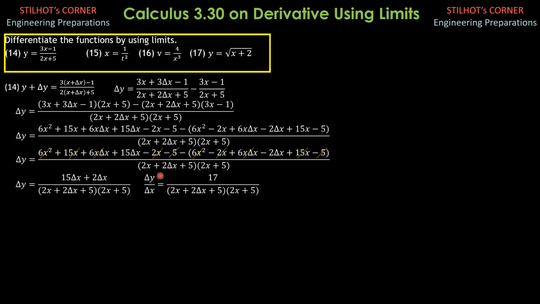So the limit of this ratio is the derivative of y with respect to x, dy/dx, and that happens when the limit of this ratio as delta x approaches 0 is the derivative dy/dx, and therefore it is equal to, we just set this to 0, and the final answer is 17 over quantity 2x plus 5 squared.